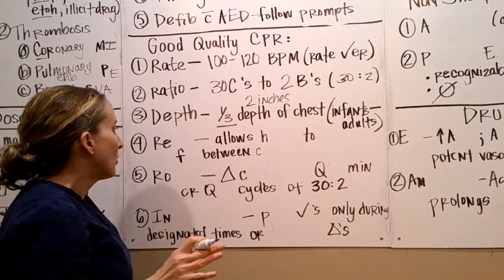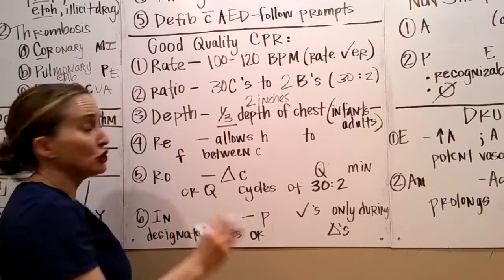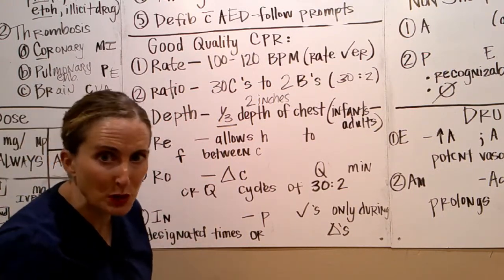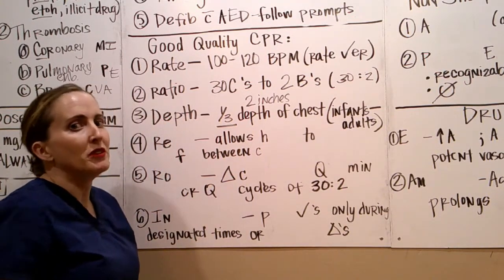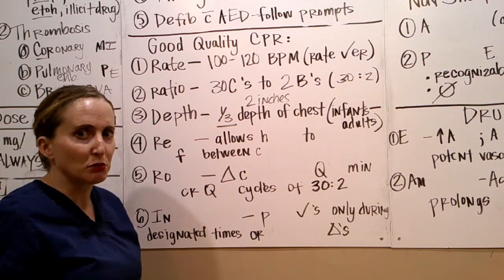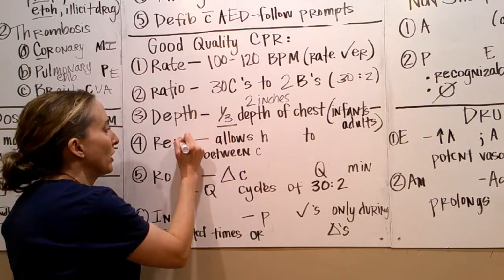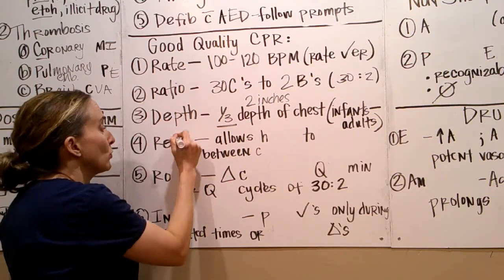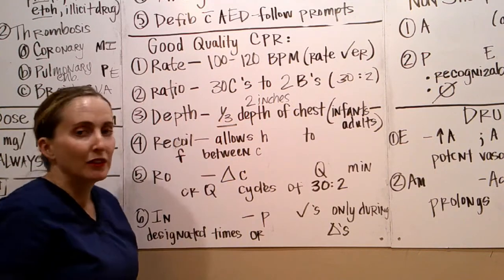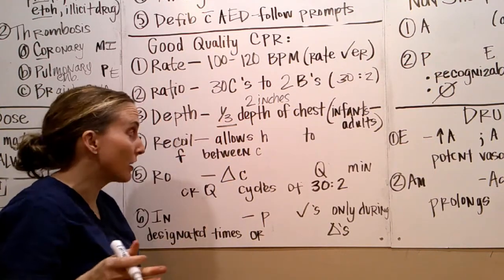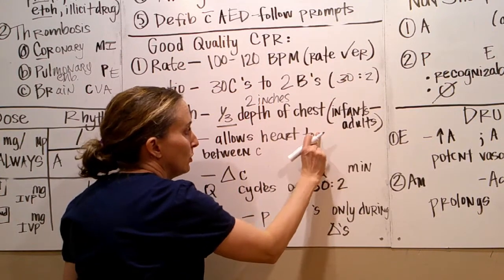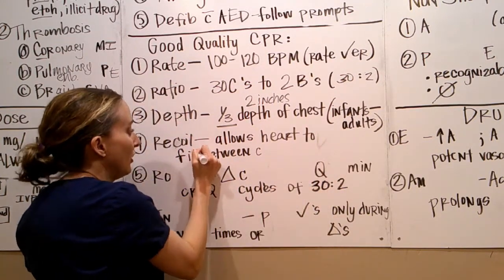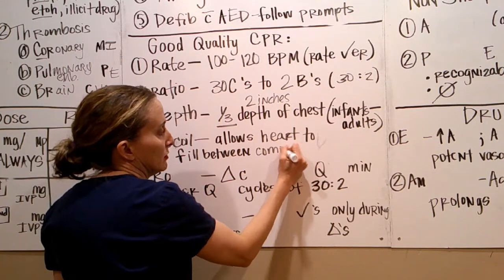Okay? Now, we also want to do something really important after we push. So after we push down, we want to let go. Not necessarily let your hands off the chest completely, but you want to allow for recoil. So we want to allow that heart to fill between compressions.